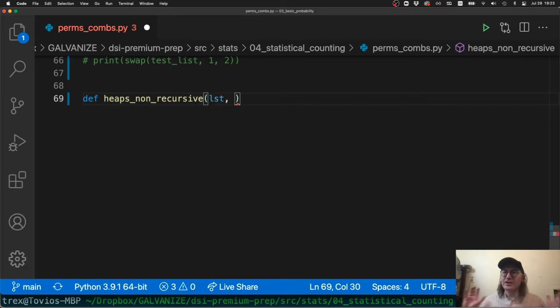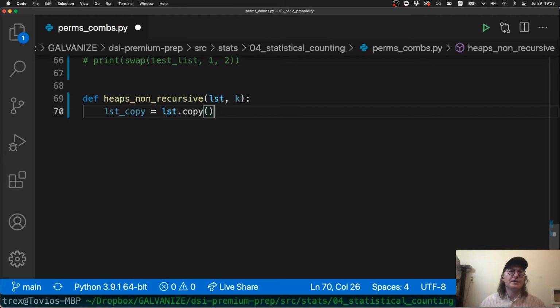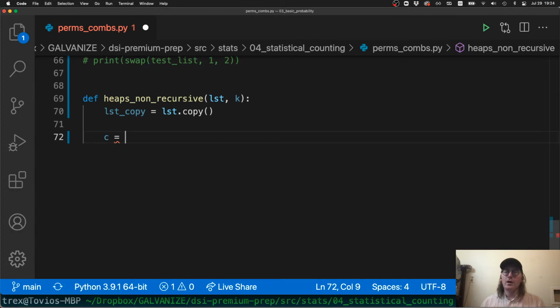Okay, so we're going to pass in a list, right? And this list is going to be a single arrangement of all of our elements. And then we're going to select k of them, all right? I'm going to make a copy of that list, as I do. And that's just so we're not modifying the thing that we pass in. Or, we're preventing that possibility. So I am going to make something called C. And this is coming straight from that algorithm. C here is going to be a thing that holds kind of a record of the operations that we're performing.